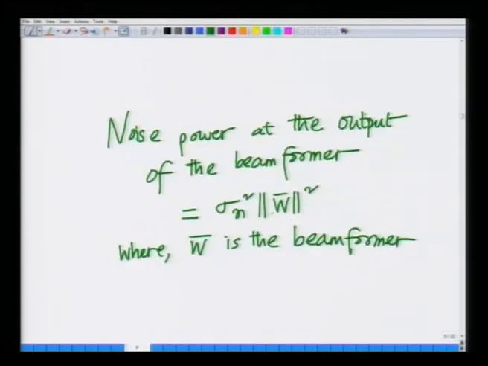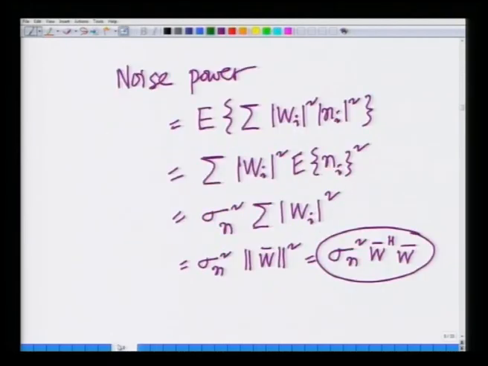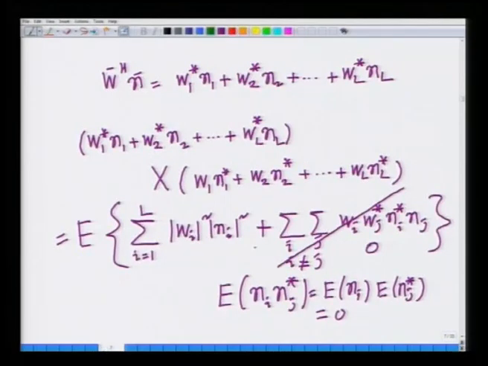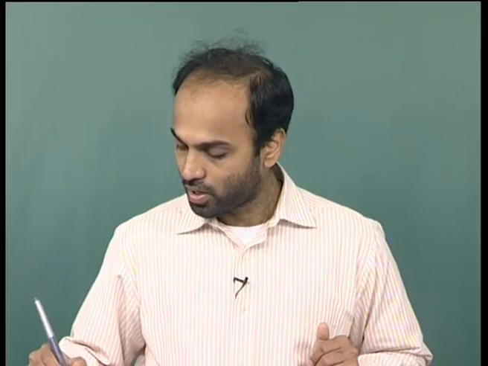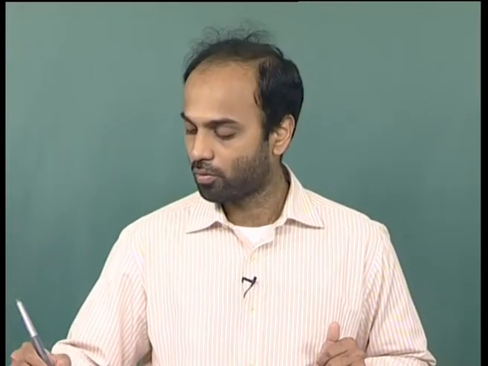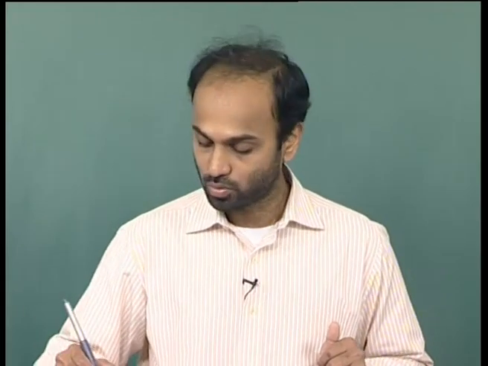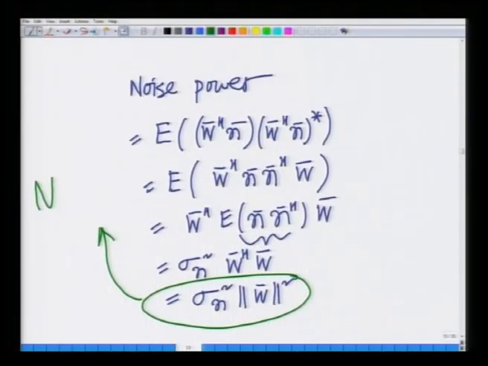If you go back 2 pages, we said the noise power is sigma n square norm W bar square, but we derived this using the elaborate or brute force way of directly expanding the summation. Instead, a more elegant way is to use matrix notation, and using matrix notation this can be derived in a relatively straightforward way as sigma n squared norm W square. This is the noise at the output of the beamformer.